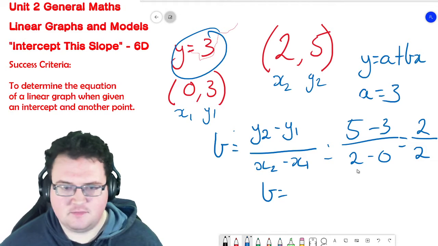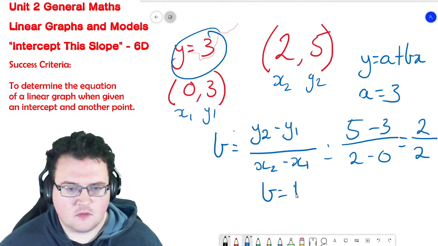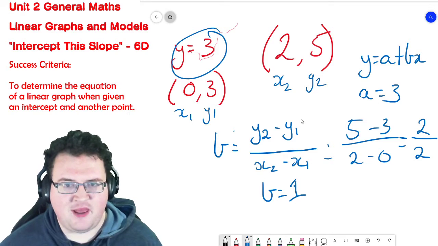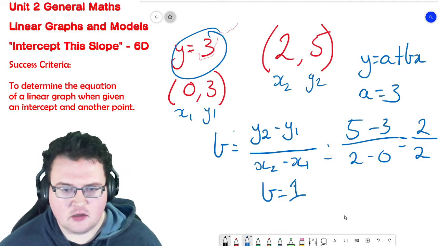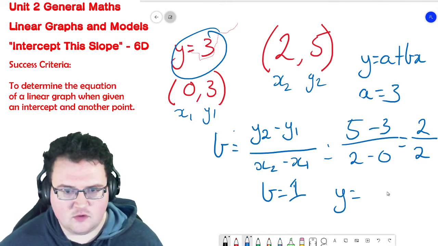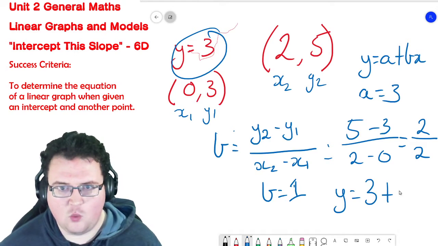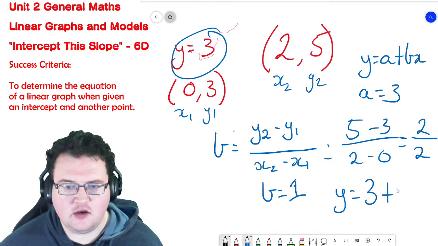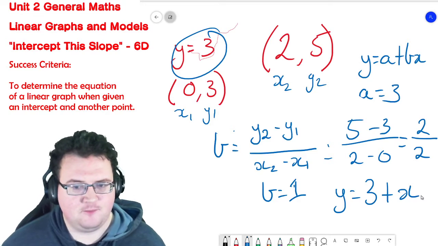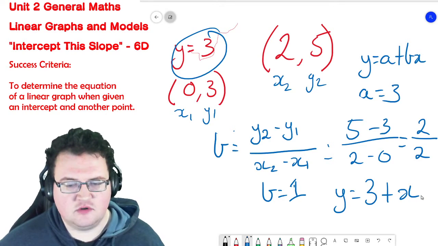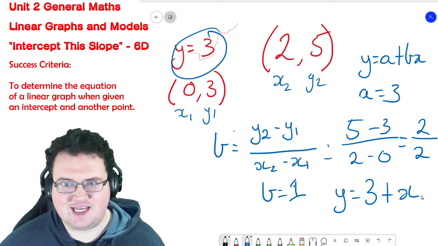Yeah, correct. If I put that in here, I get y equals 3 plus 1x. Do I need to write the 1? Nope. So y equals 3 plus x.